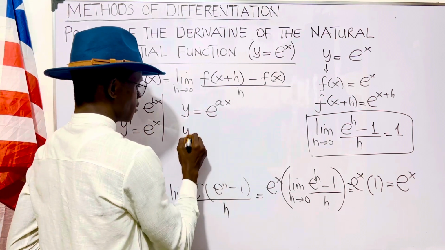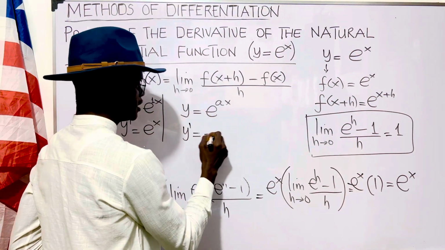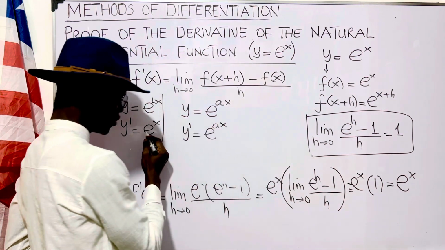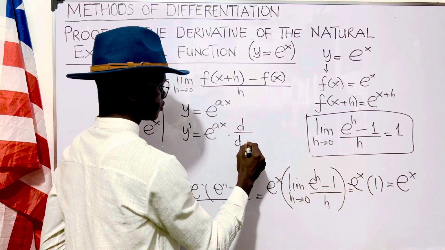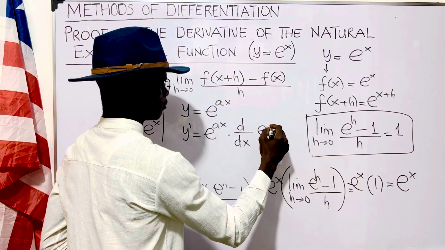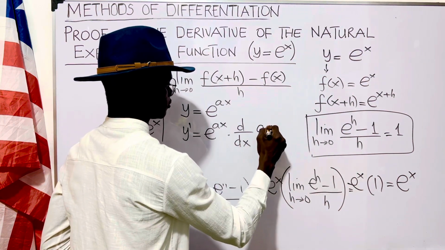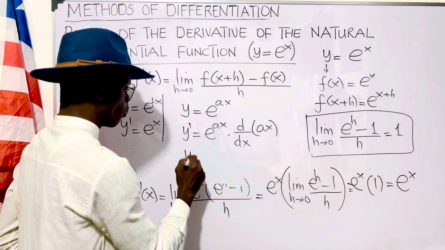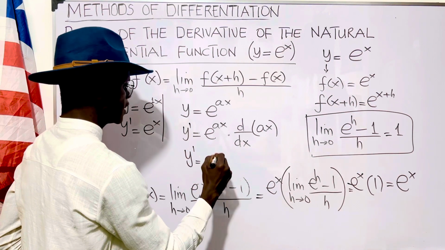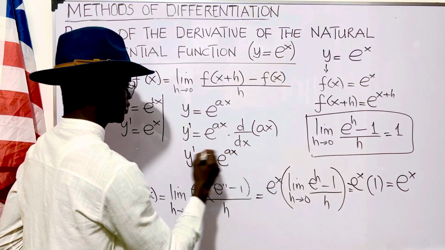So we can rewrite this, e raised to the power ax, the same way, and then we differentiate the exponent of e raised to ax, such that y prime would just be a times e raised to the power ax.